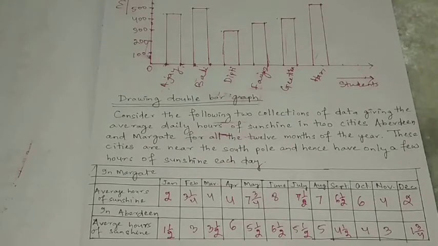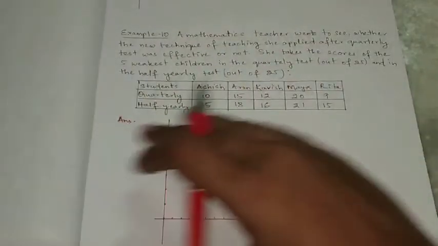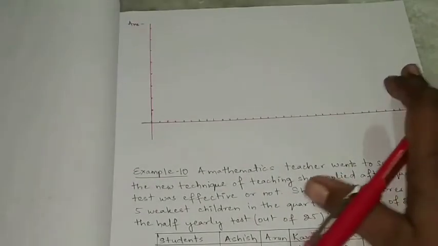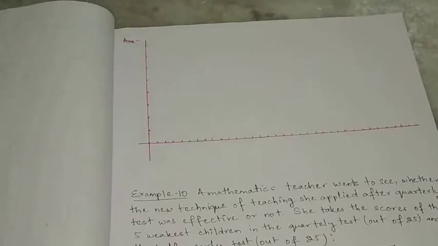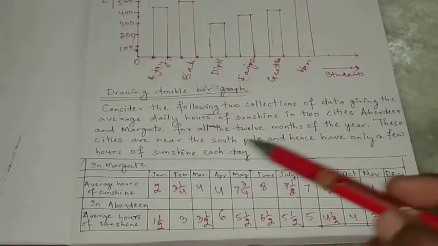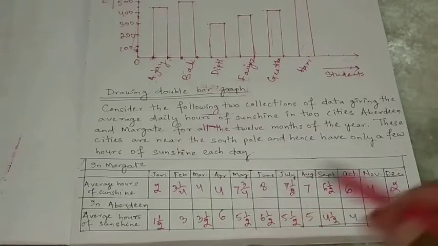Okay, so let's make the bar graph. Look here. How will we represent the graph? First we will take the scale. You have seen the lowest is 2 and the highest is 8.